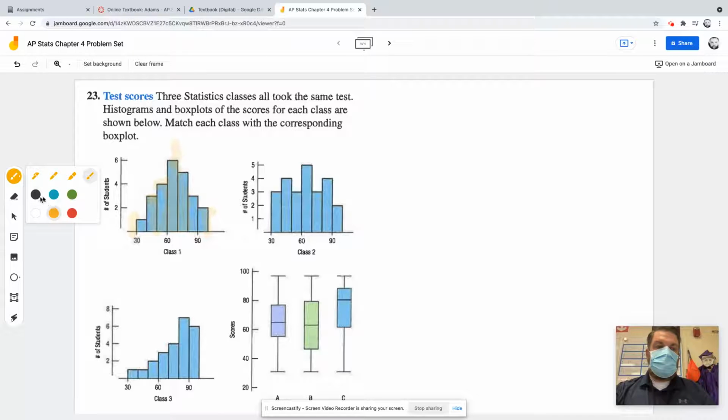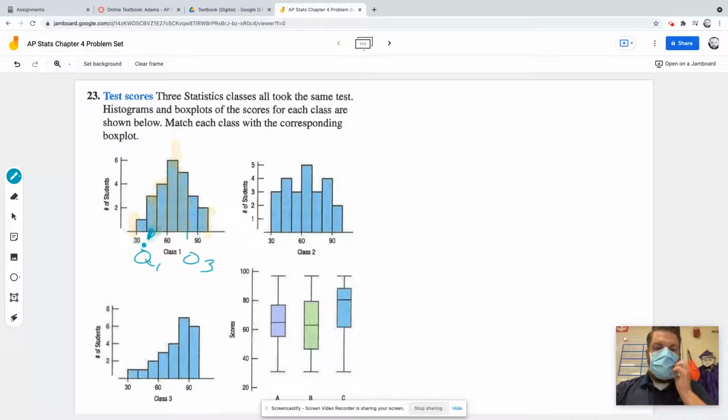So what I'm really looking at on this first one is my Q1, probably somewhere around here, and my Q3 probably somewhere around here. It's the first half of the half.